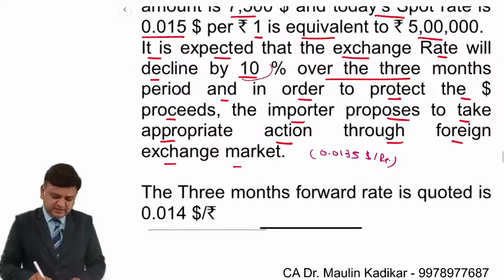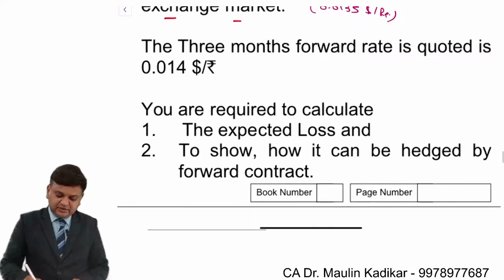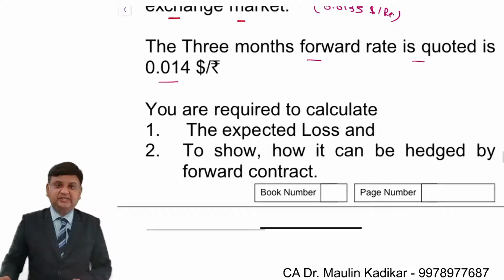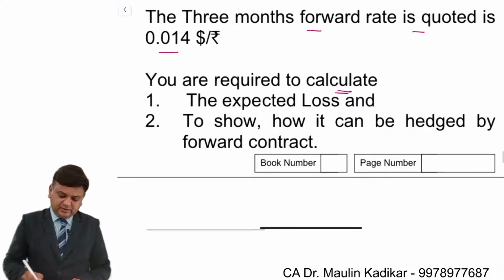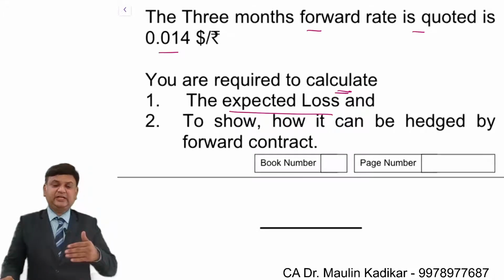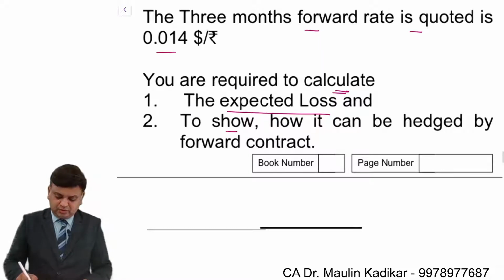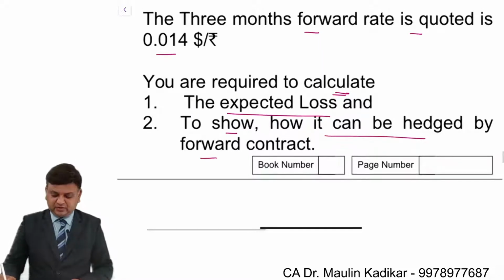That is, 10% it will depreciate. The 3 months forward exchange rate is quoted as 0.014 dollar per rupee. You are required to calculate the expected profit or loss due to transaction exposure, and to show how it can be hedged by forward contract.